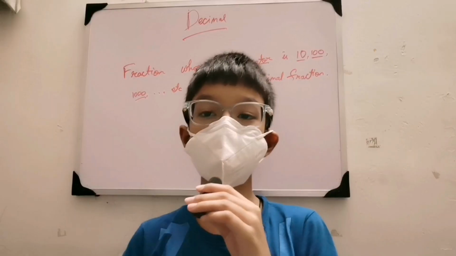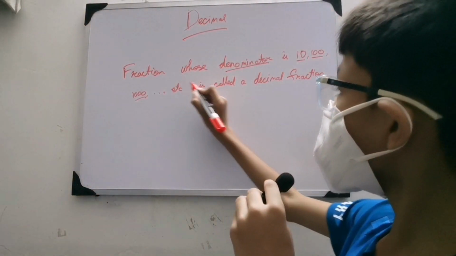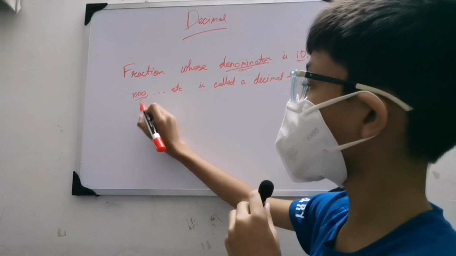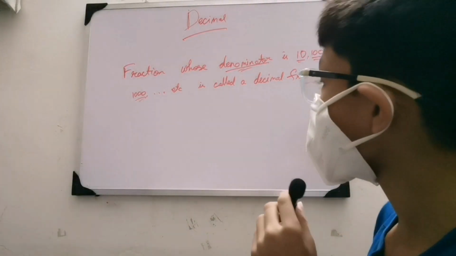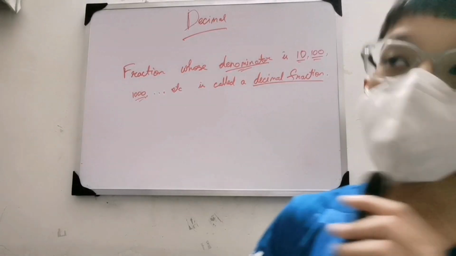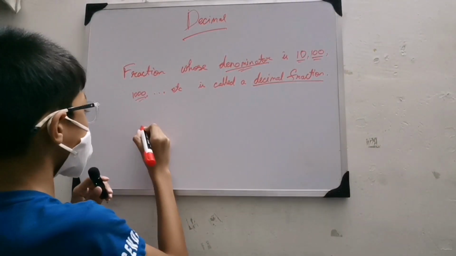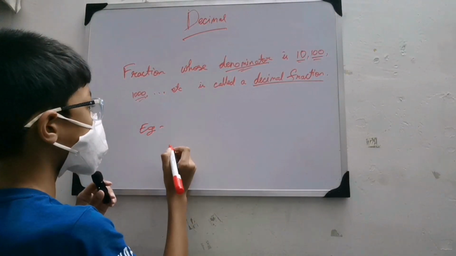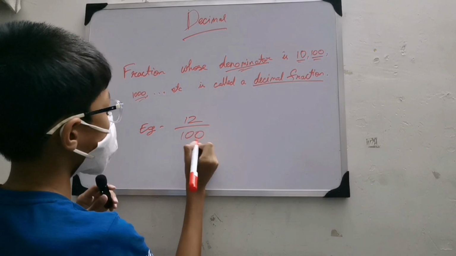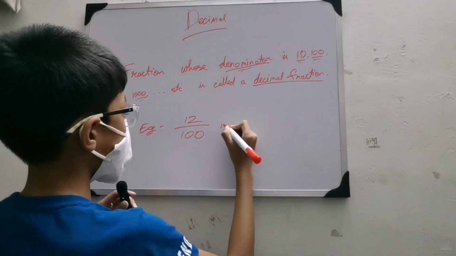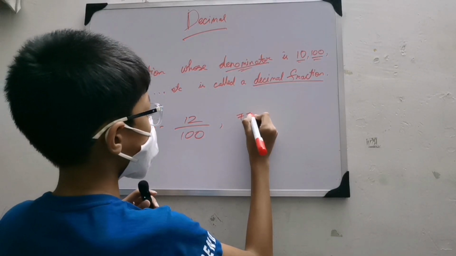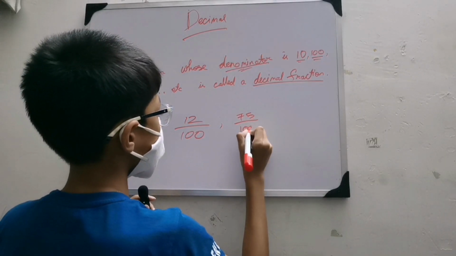Yeah, guys. So the meaning of decimal fraction is: a fraction whose denominator is 10, 100, 1000, etc. is called a decimal fraction. Now let me give you guys an example. Say, for example, 12 by 100 or 75 by 1000.